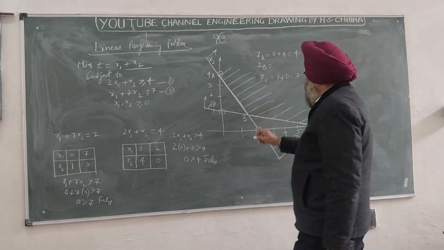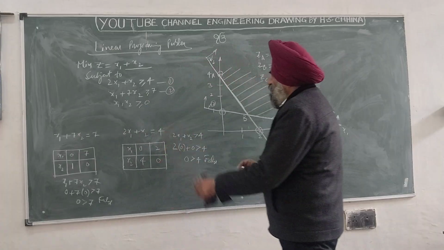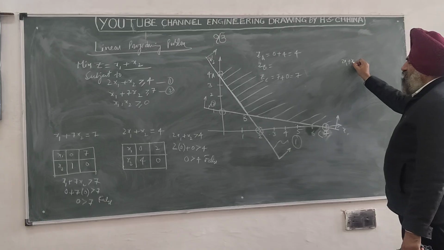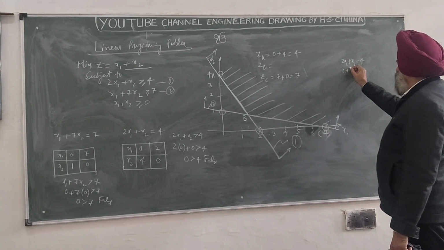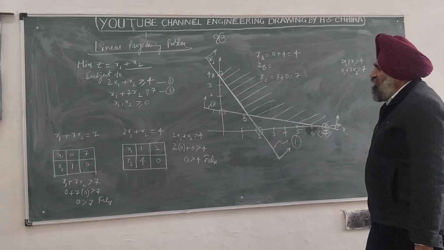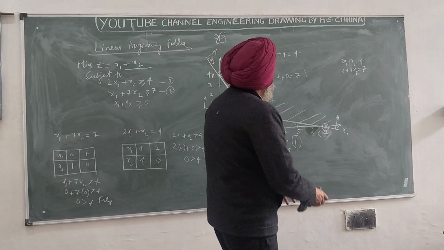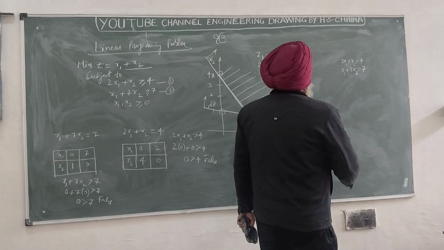Now this point you can locate by the graphical method, or the second way is to do it like this. When these two constraints are equal in nature, you will be able to get the x1, x2 values.